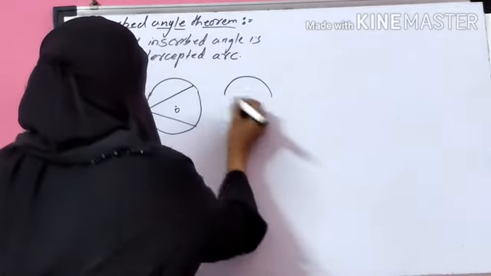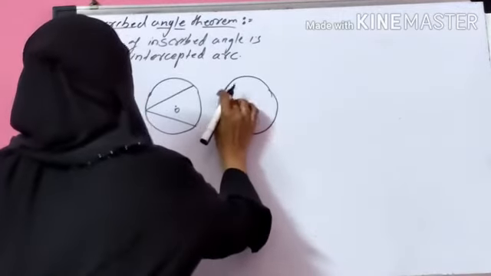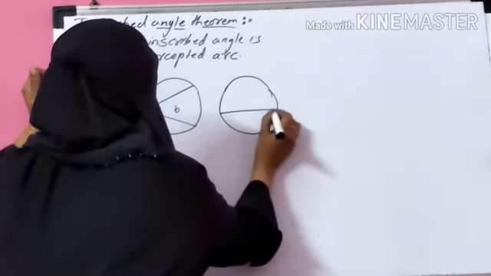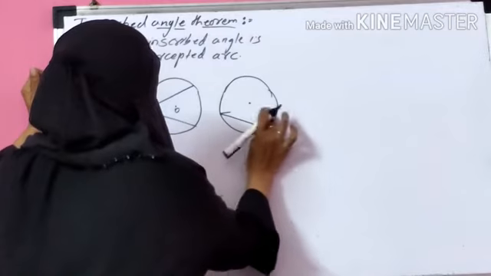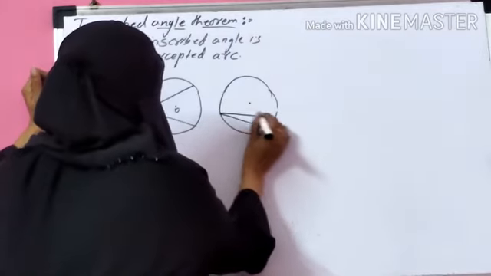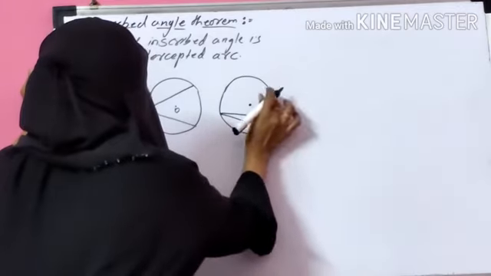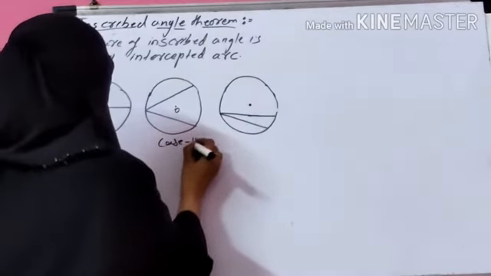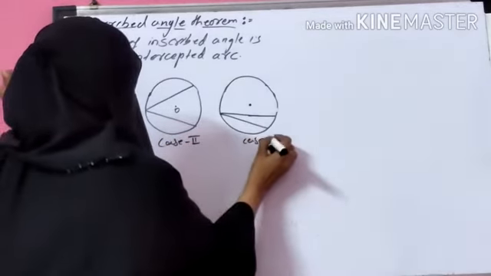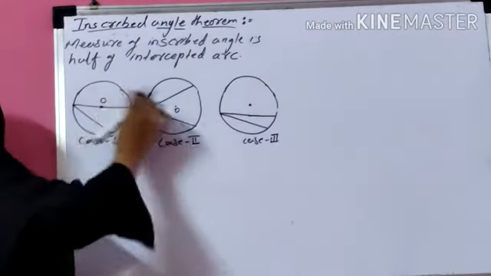And the third case is the center lies in the exterior part of the angle. So there are three cases of inscribed angle: case 1, case 2, case 3.